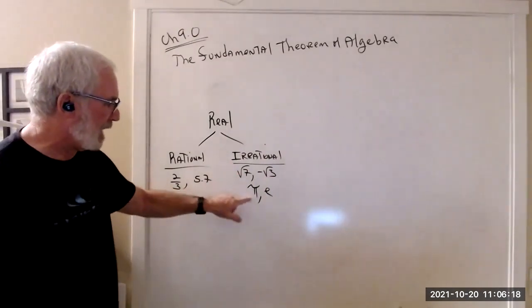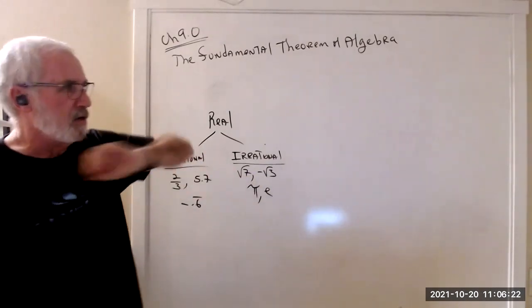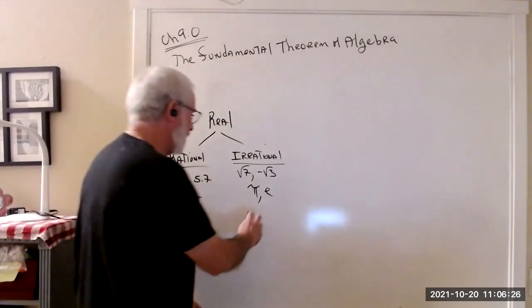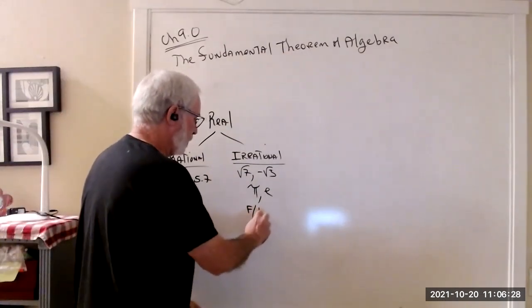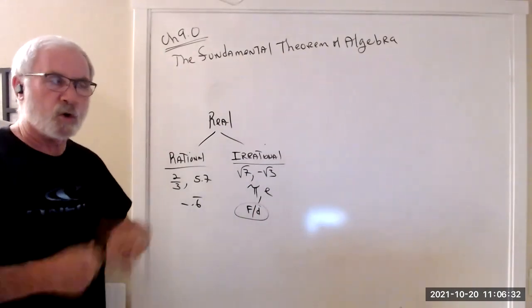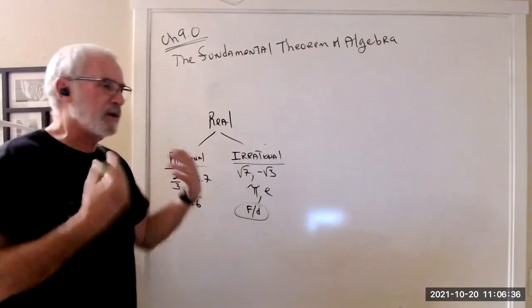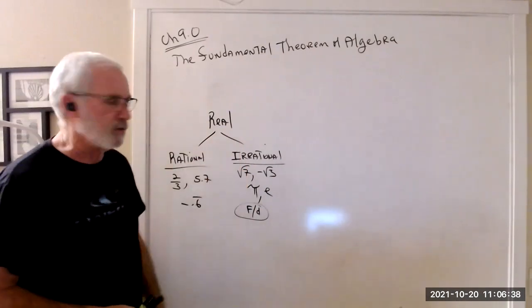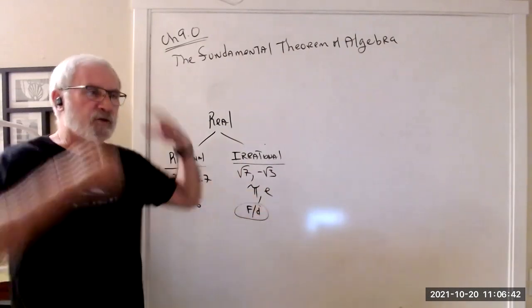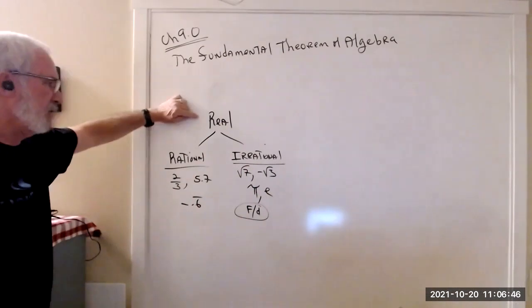If you put pi or the square root of 7 or square root of 3 into your calculator, the decimal approximation goes forever. Obviously your screen isn't big enough, but it's proven on supercomputers that they go forever.